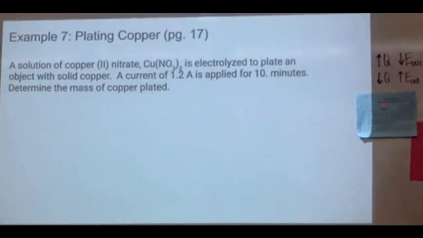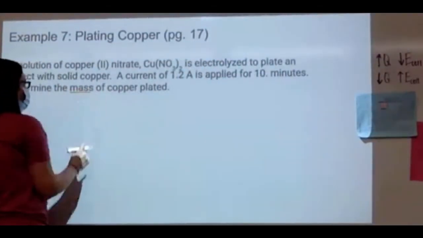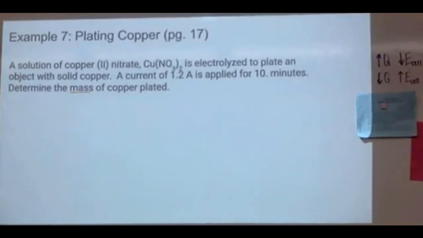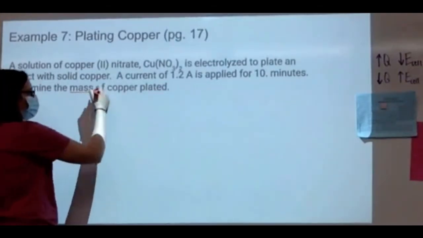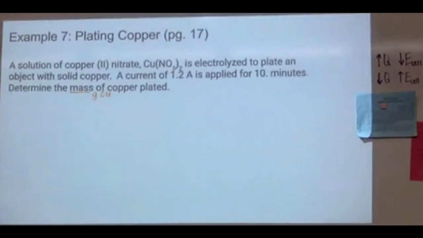So the current of 1.2 amps, so capital A is amps, is applied for 10 minutes. Determine the mass of copper plated. So now my goal is to solve for mass. Mass means we're looking for what unit? Grams. So we want grams of Cu at the end.